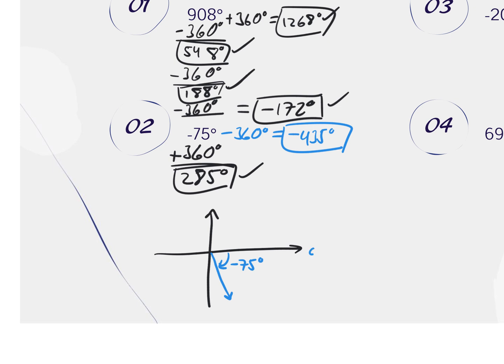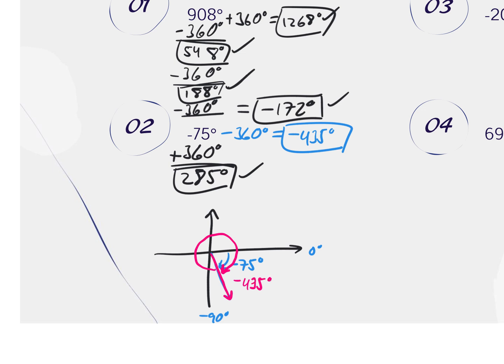Again, 0 degrees, negative 90 degrees, that was in the previous slide. Now I can go from this side right here, I can go backwards a full circle, and that gets us that negative 435.